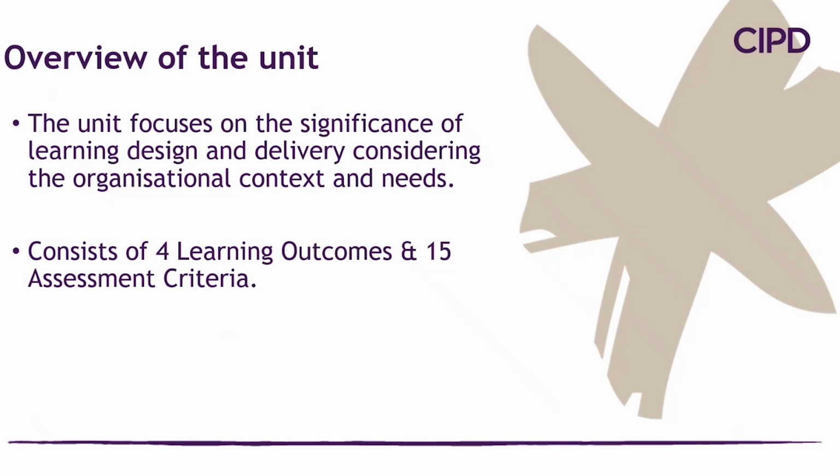The detail behind the unit can be found in the unit specification, a document produced by CIPD, which gives you an overview of all of the units of this qualification. You'll find that the unit consists of 4 learning outcomes and 15 assessment criteria.